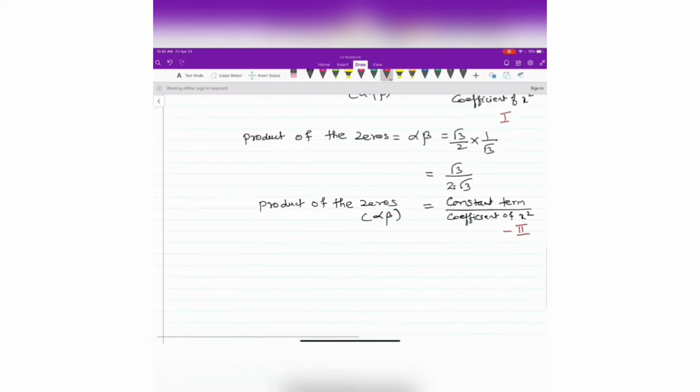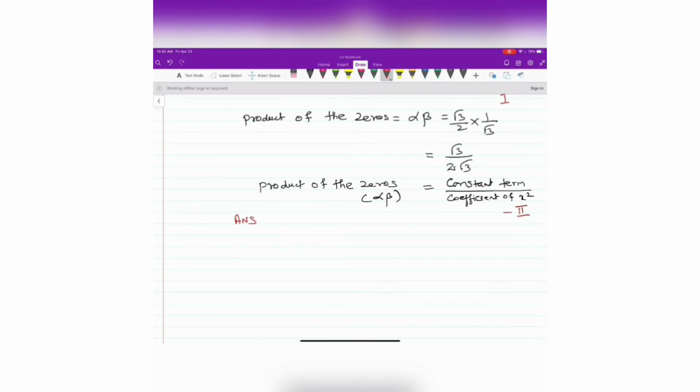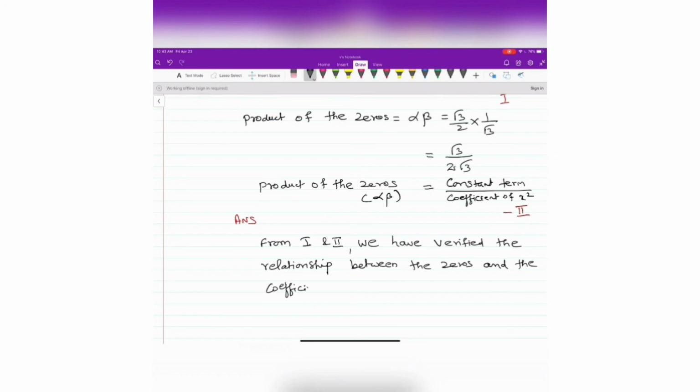And we have to write the answer for the second part. From 1 and 2, we have verified the relationship between the zeros and the coefficients of the given quadratic polynomial.